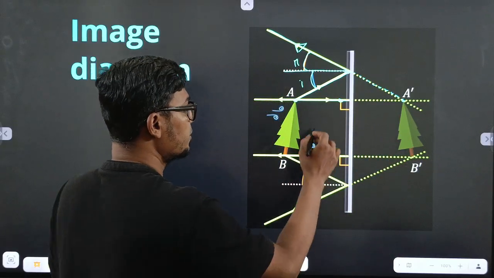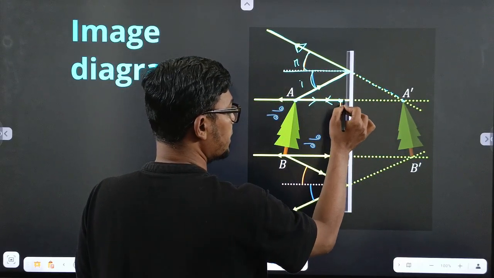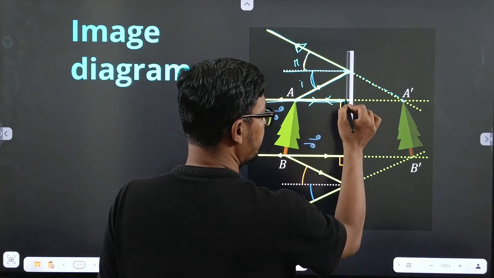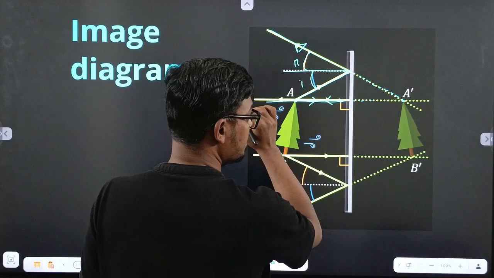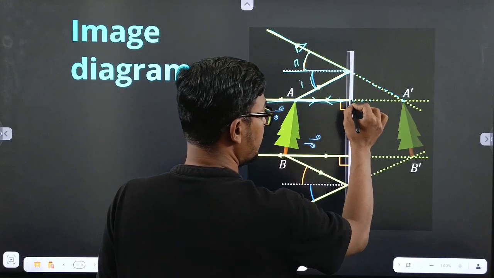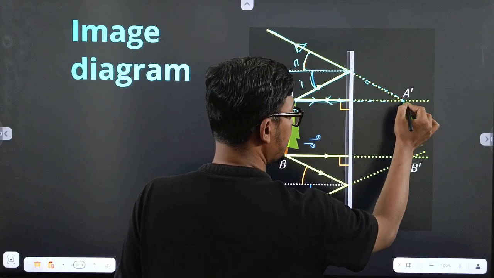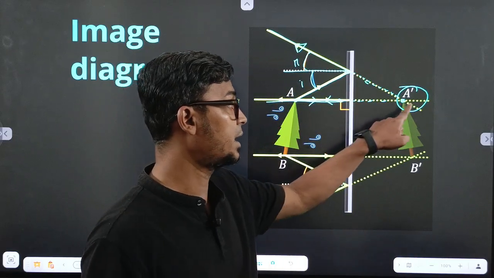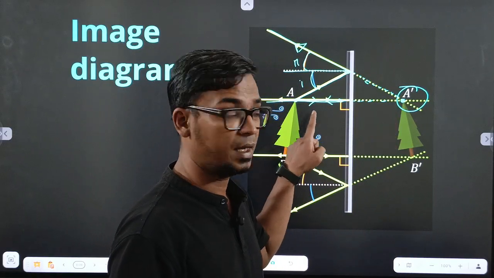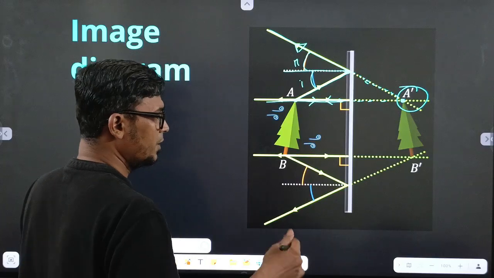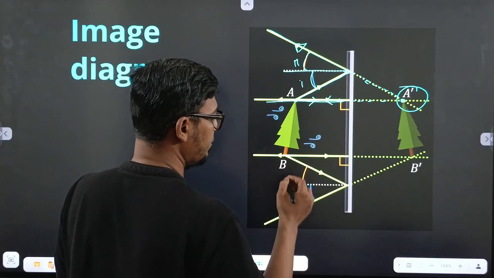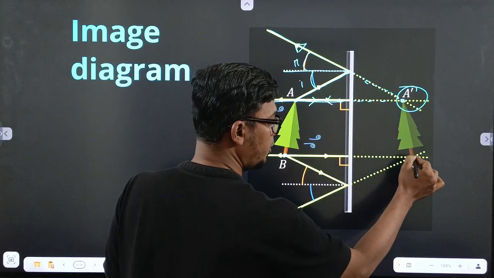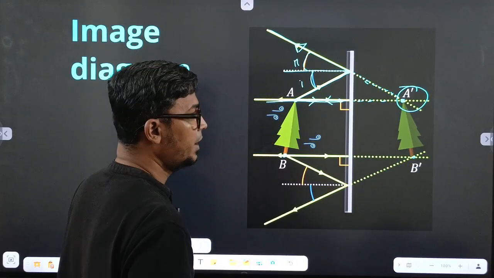So this ray will go back in the opposite direction. Therefore, if you make a dotted line for this reflecting ray, these two dotted lines will intersect at this point, which is A dash, and A dash will be the image of A. Following the same procedure, you can also find the image for point B, the bottom point of this tree.